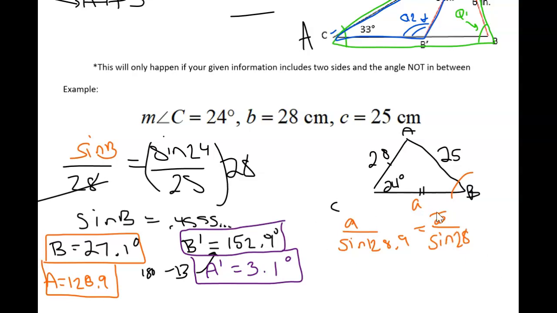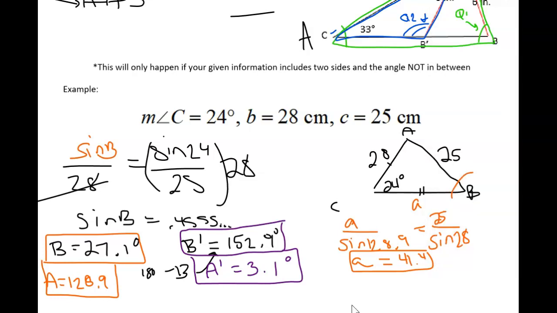And I'm going to multiply both sides by sine of 128.9. So that gives me that side length A could be equal to 41.4, much larger than either of the other two sides.